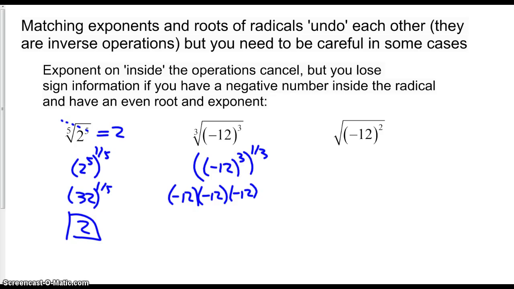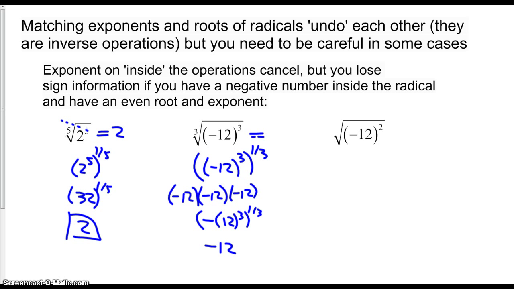But whatever it is, it's a negative times a negative times a negative, which is a negative number. So it's the negative of 12 cubed. And then I'm taking the cube root of that. That's okay, because you can take a cube root of a negative and you'll get a negative number. And so again, I'm going to end up with -12, because it was a cube root, and you can take a cube root of a negative. And this will result in -12.